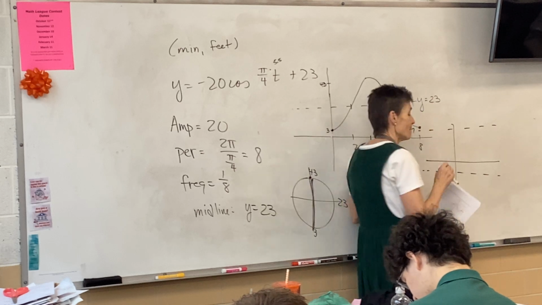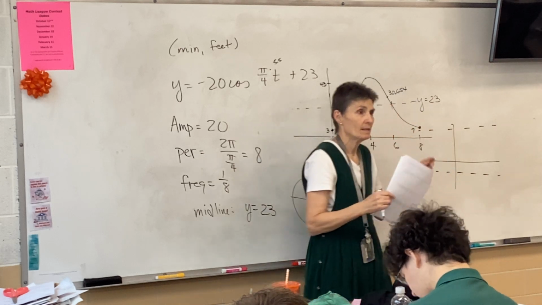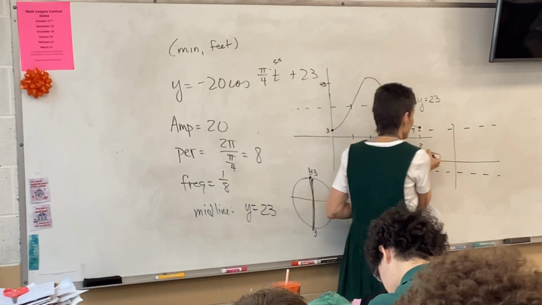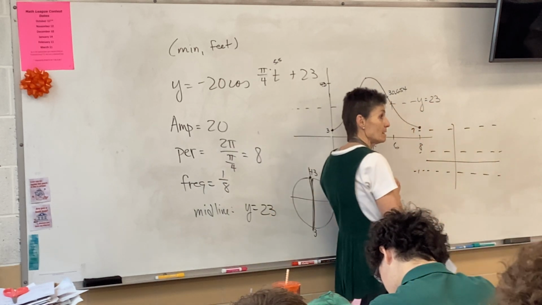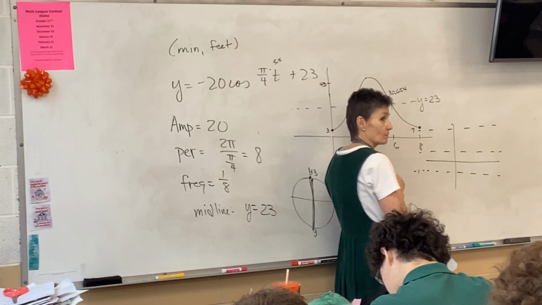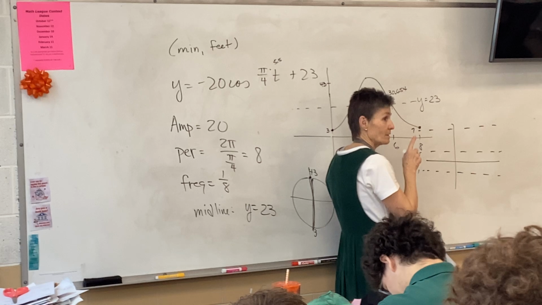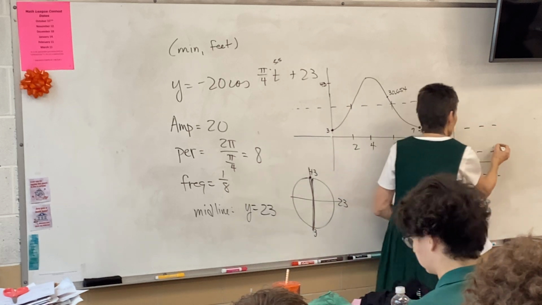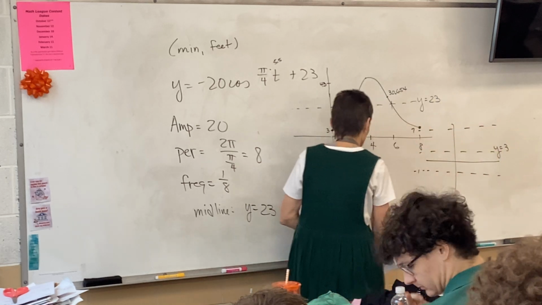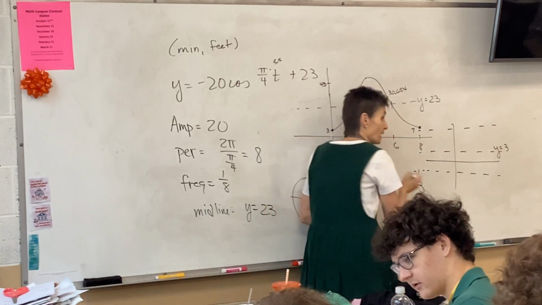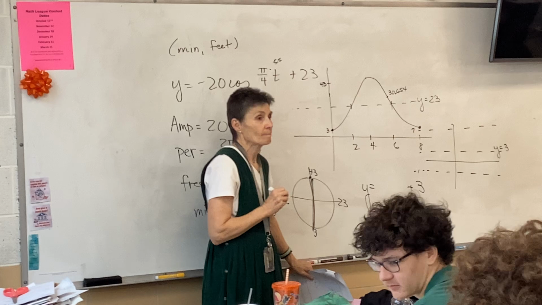What do you know automatically about that curve then? If it's minning at -1 and maxing at 7, then its midline must be 3. The average: -1 plus 7 is 6, divided by 2 is 3. And if the midline is 3, whatever kind of equation you choose to write, isn't it going to have a plus 3 on the end?